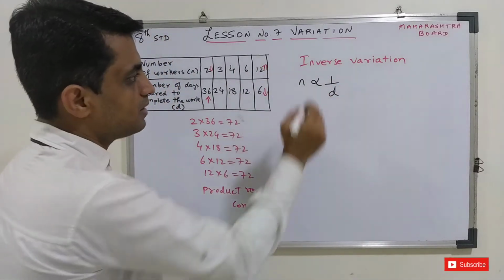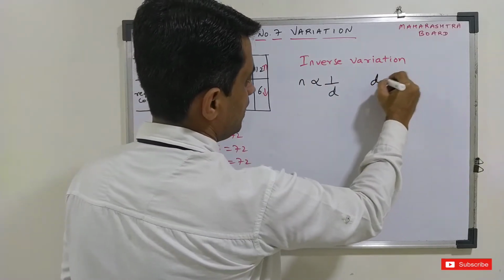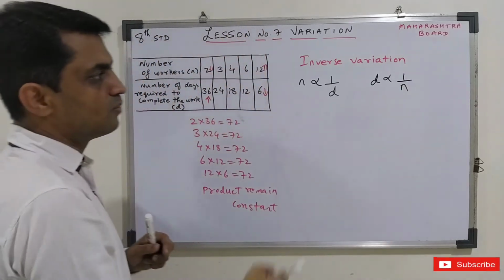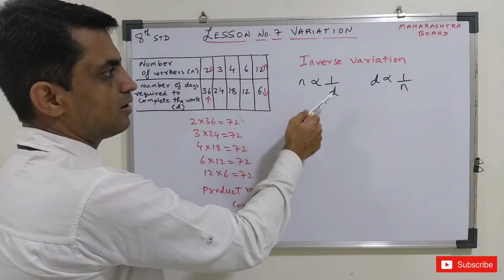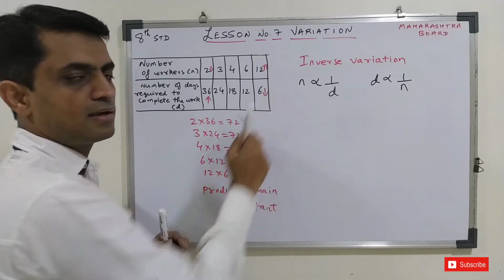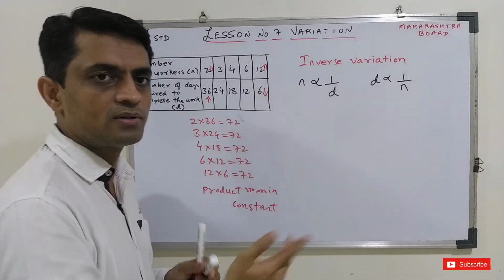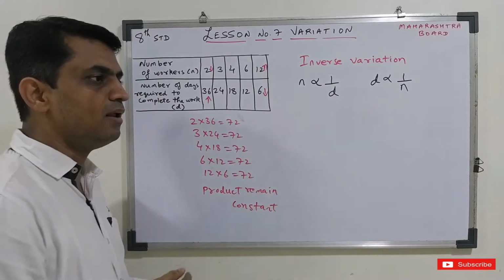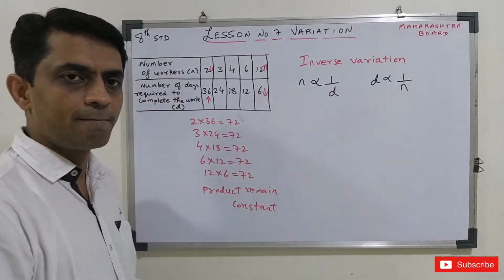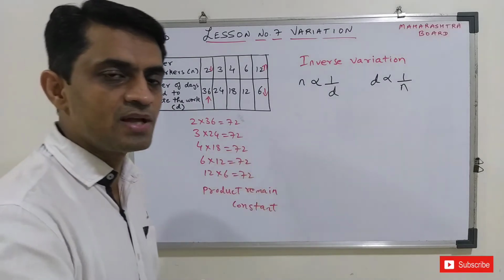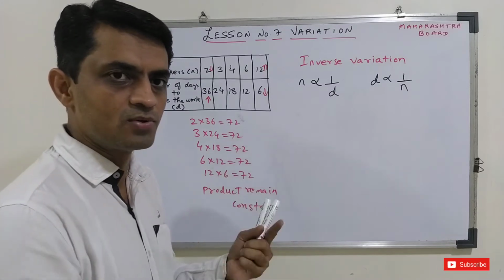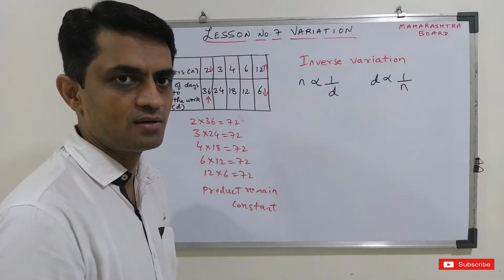It means you can write this way also: D is inversely proportional to 1 upon N. It means when one quantity increases, another quantity decreases, and vice versa. For example, the more expense, the less saving will be there. The less expense you do, the more saving will be there. So what is it? Inverse proportion or inverse variation.